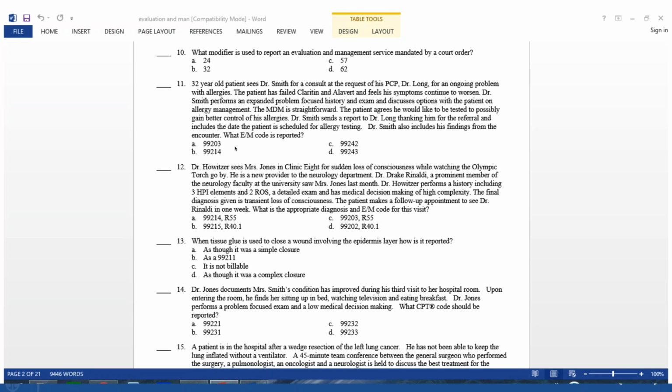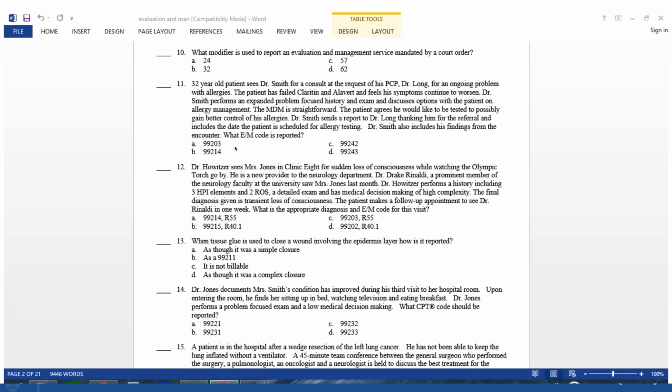Now remember the 3 key components, because we have B, C, and D left. What we're looking for is a problem-focused exam. Which one has a problem-focused exam? Is it level 1, level 2, or level 3? Level 1. We already see that.